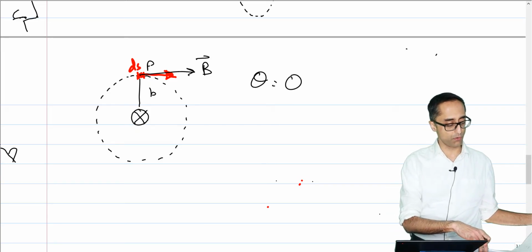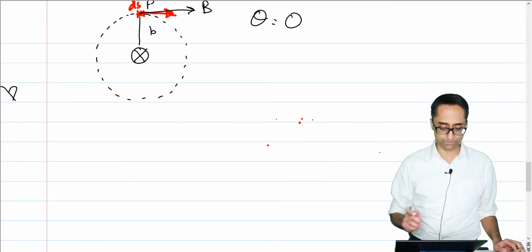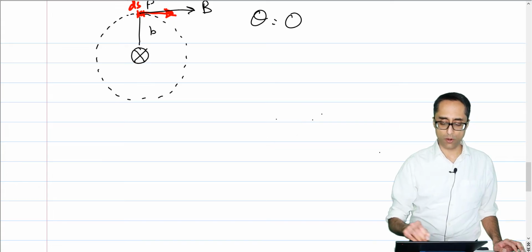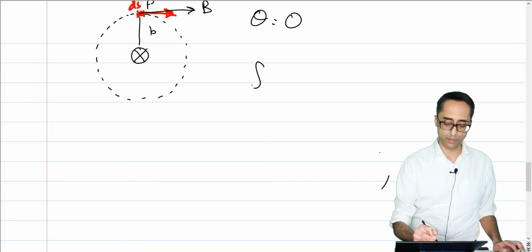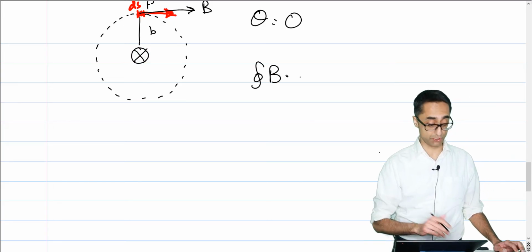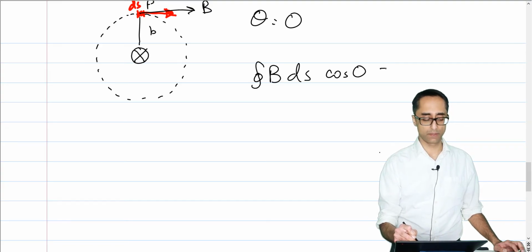All right, so let's go ahead and continue the equation. Now that I have calculated our angle, we can go back to the integral of B dot ds. Oh, sorry, not B dot ds. We've already got rid of the dot. We have B ds cos of 0. And all that is equal to mu naught times I enclosed.